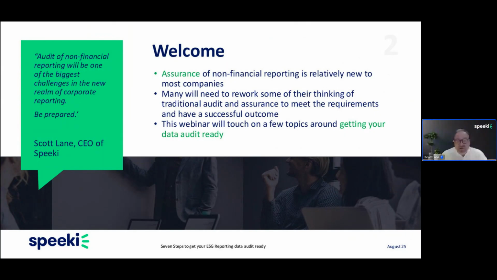In fact, even if it's not a regulatory requirement, it should certainly be part of your own company requirement to ensure that assurance of your data is complete. So whether or not the law requires you to have some form of limited or reasonable assurance, I would definitely recommend that you take those steps.